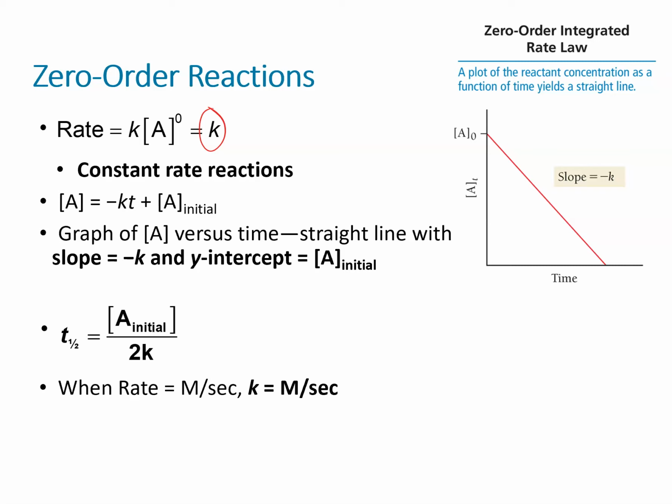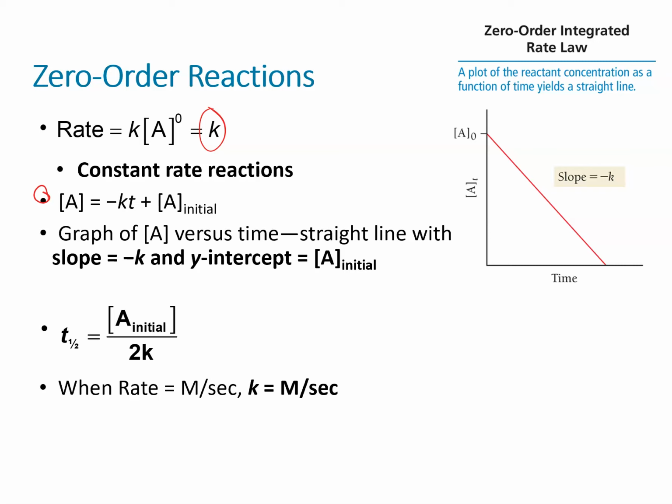So in this particular case, if we want to do a nice linear plot of this, we can go to this relationship here: concentration of A equals negative kt plus the initial concentration of A. So it's all about where we start in terms of concentration, and then how long it reacted at a constant rate of reaction k.